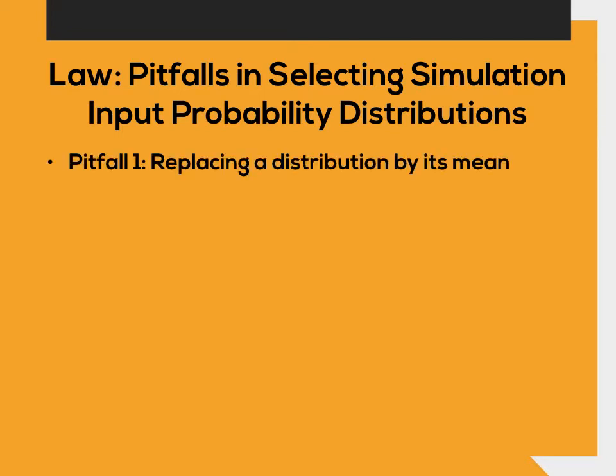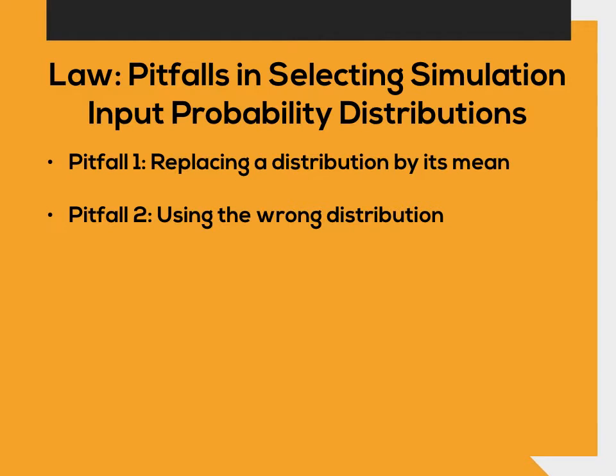So the first pitfall is just replacing a distribution by its mean. As Law explains on page 1396 of his article, if you replace a random variable with a constant distribution mean, that's an error because the system can become congested, and that mean will misrepresent the random numbers that should be replacing it. So he cautions against this.